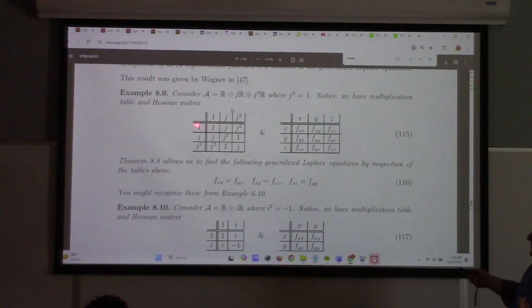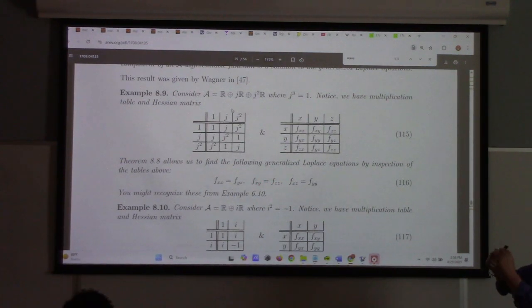Because if you look at the multiplication table of 1, j and j squared, notice that 1 times the 2 is equal to the 2, and the 2 times the 2 is something like zz equal to the 1, 2, fxy.